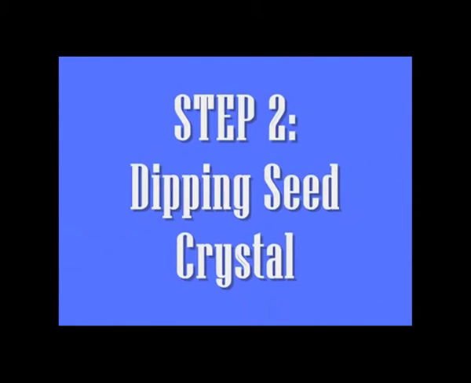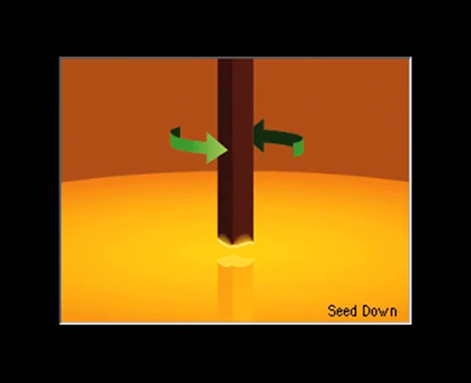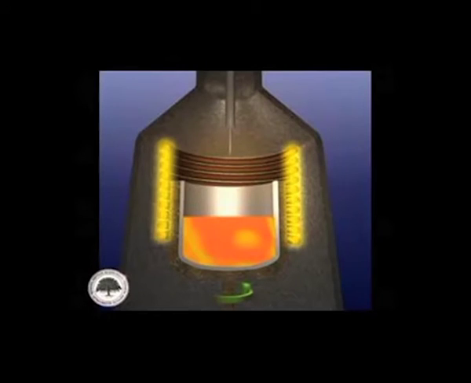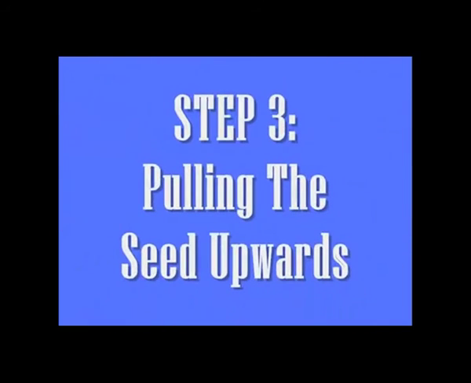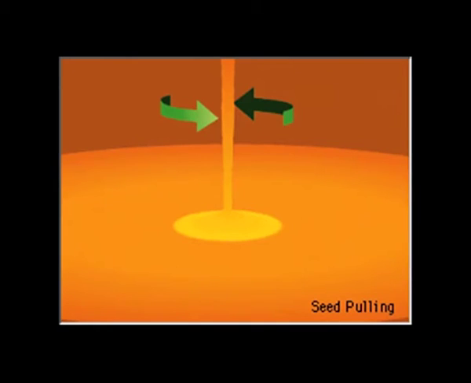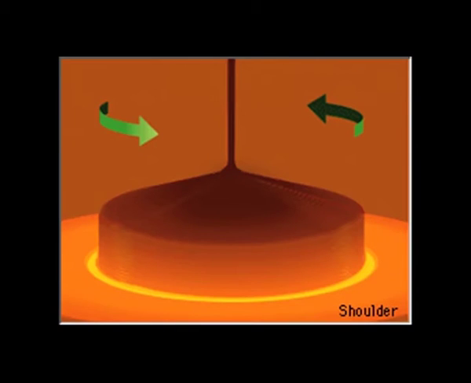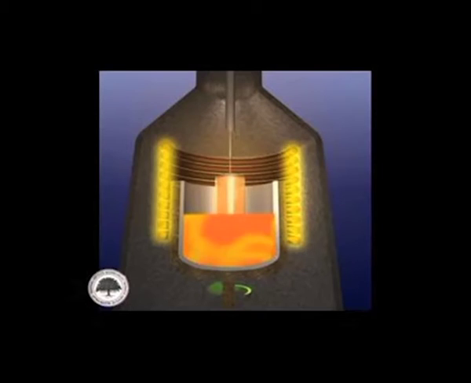Step 2. Dipping seed crystal. A small piece of single crystal material known as seed crystal will be dipped into the saturated molten silicon solution. Seed crystal is the equipment used to grow a large crystal of the same material. The large crystal will grow when the seed crystal dipped into the molten, which will then be cooled. Step 3. Pulling the seed upwards. The seed crystal will extract from the molten silicon pool and the rod will be pulled upward and rotated at the same time. During this time, the rod and the crucible rotate in opposite directions to minimize the effects of convection in the melt.